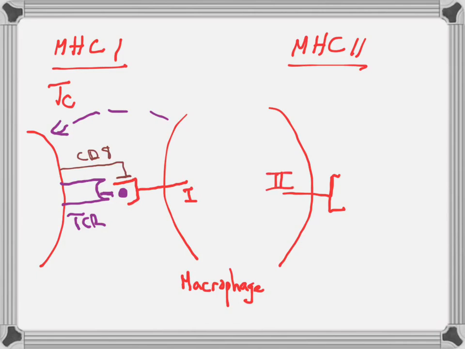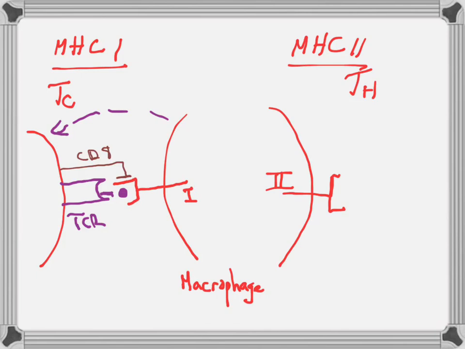MHC2 interacts with T helpers, or T sub H. The role of T helpers is just as the name describes. They're going to help. You can kind of think of them as like a boss in a business, where the boss doesn't do the work, the boss tells everybody else what to do, and that's what a T helper cell is doing.